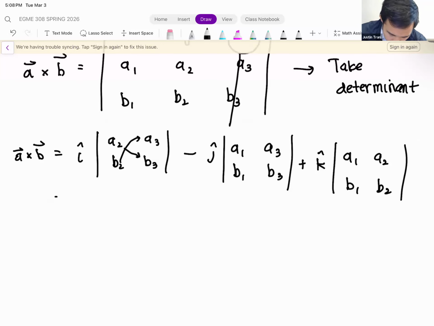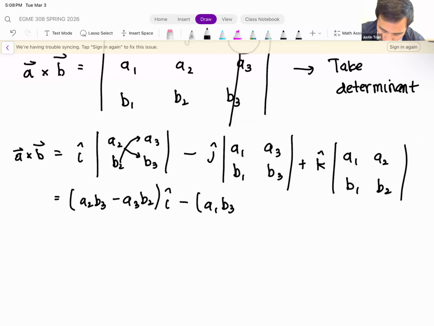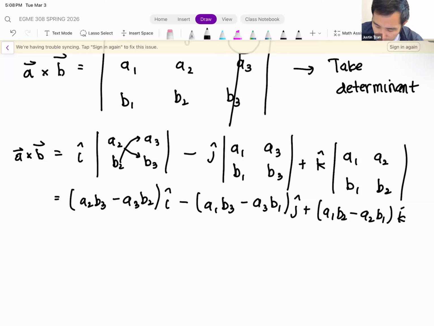We get (A2 B3 minus A3 B2) i hat minus (A1 B3 minus A3 B1) j hat plus (A1 B2 minus A2 B1) k hat.